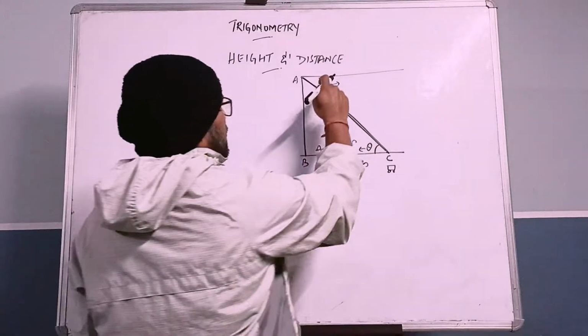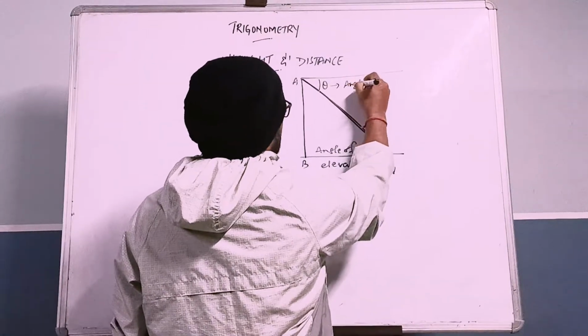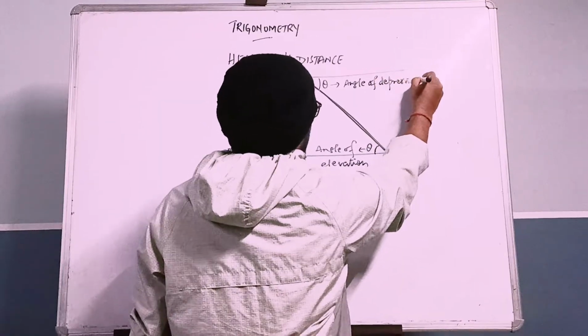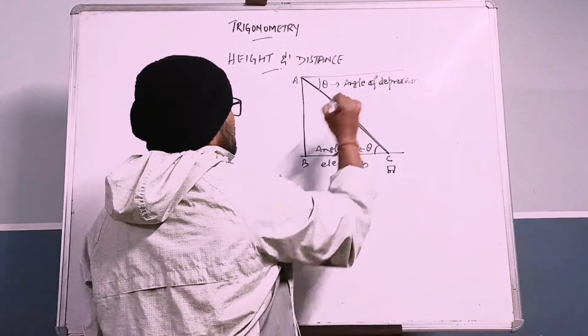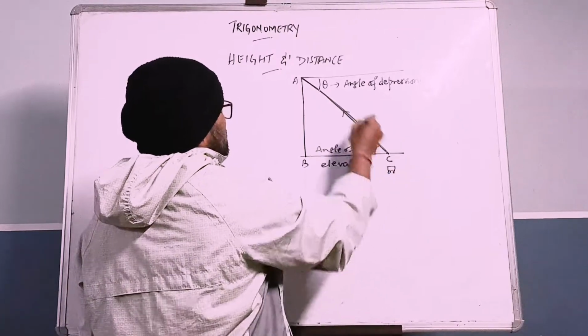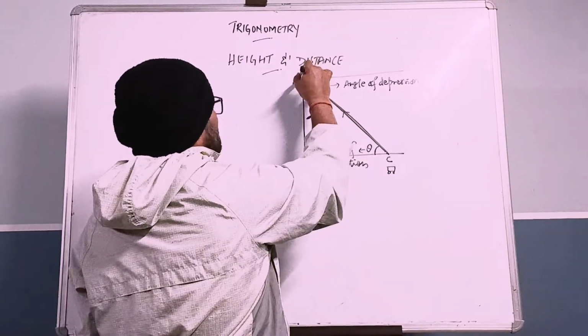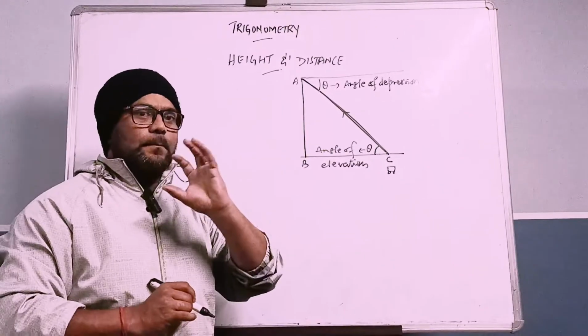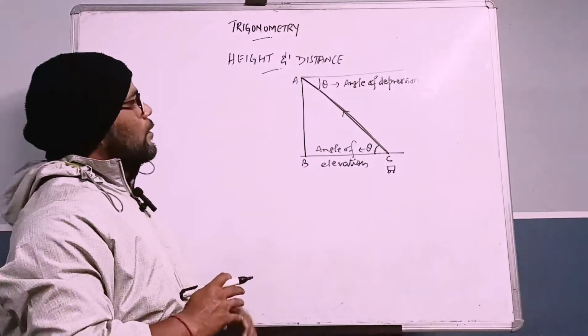And this angle is known as the angle of depression. Clear? So when the man observes the top of the tree, or the man on the roof of the building observes the point on the ground, this is one of the very important chapters from trigonometry.